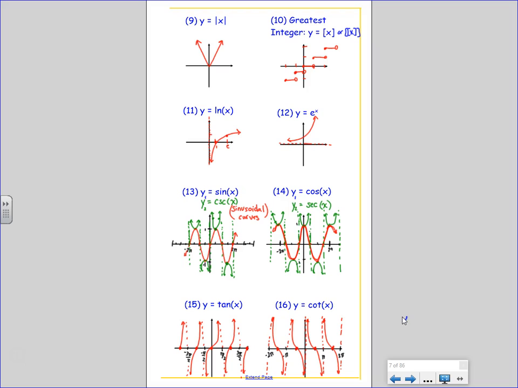The absolute value is going to bounce off and come back up. Figure 5 is definitely x to the 4. X minus 2. Okay, this is exponential, so this is just e to the x.